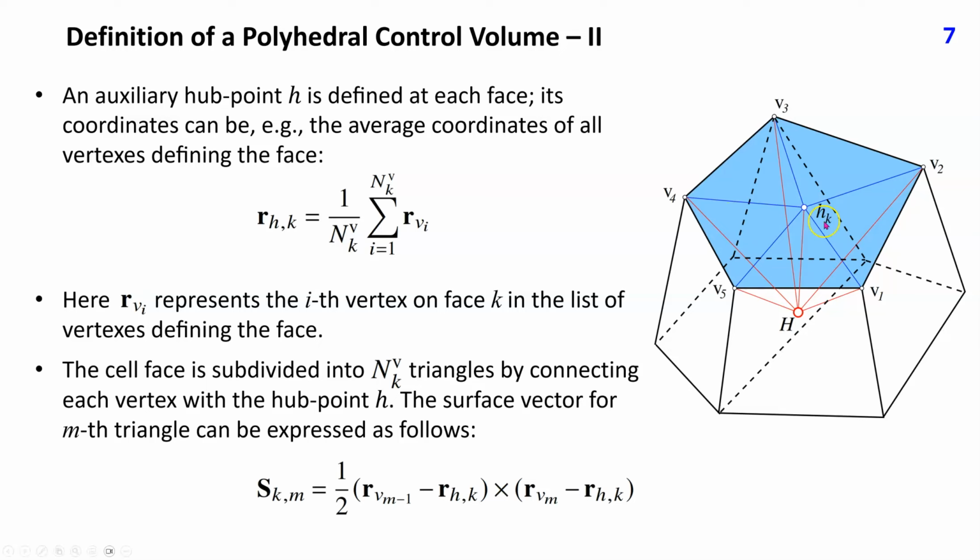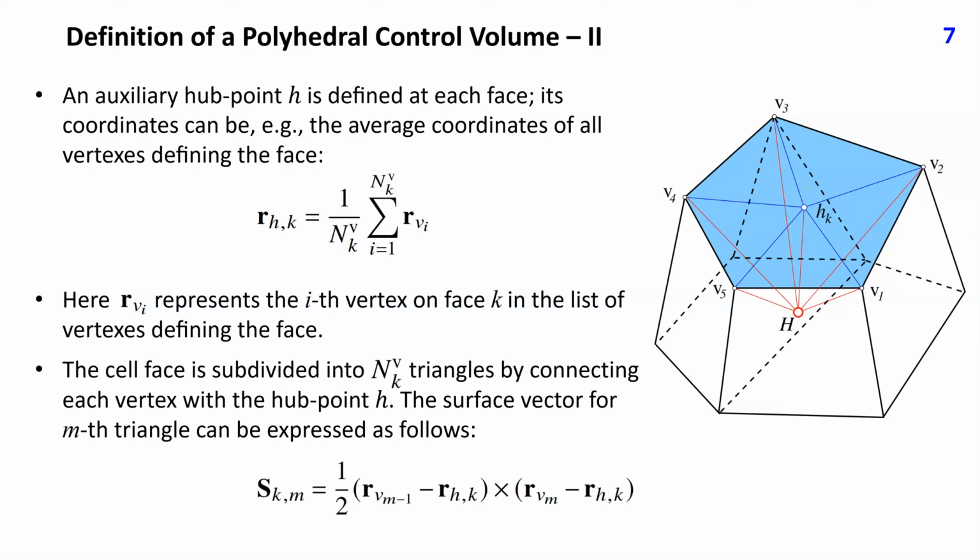For the blue face in this figure, we could connect vertex V1 with vertices V3 and V4 and thus create 3 triangles. However, this approach can lead to problems if the face is defined by a non-convex polygon. A safer approach, which creates more triangles, is to define an auxiliary hub point H at each face.